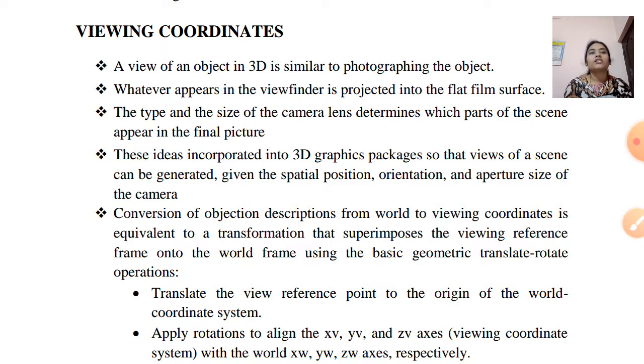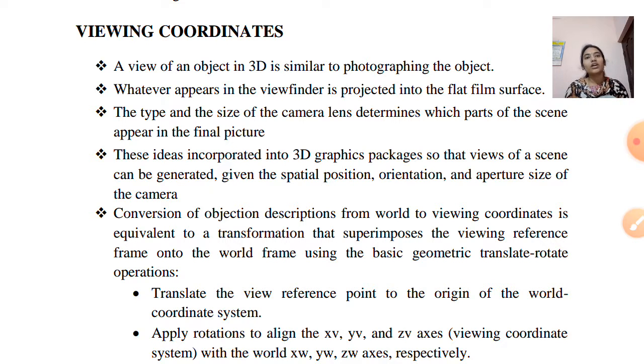Okay, in simple words, the conversion of an object from world coordinate to viewing coordinate is possible by a geometric transformation method. In the basic geometric transformation methods, we have different types: translation, rotation, scaling, and in the advanced we also covered reflection and shearing. All these things we have covered in geometric transformation.